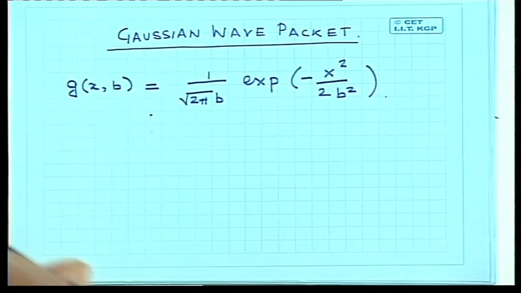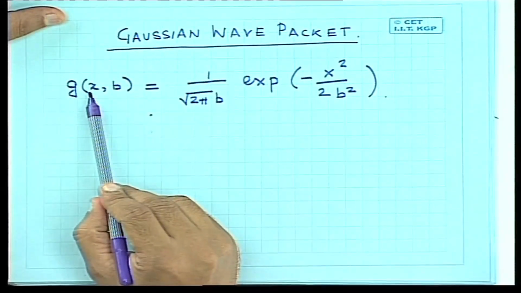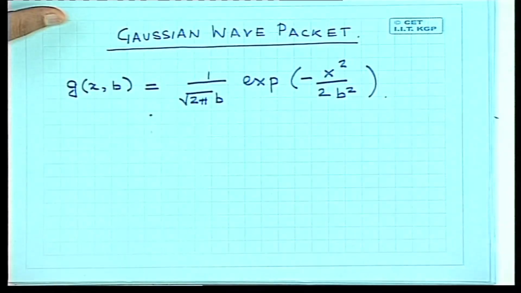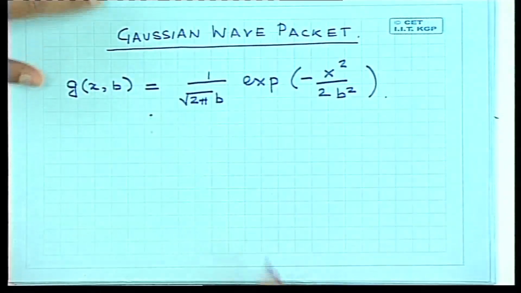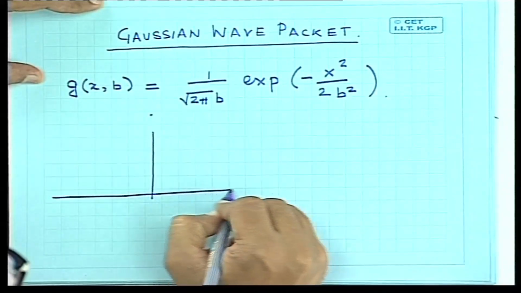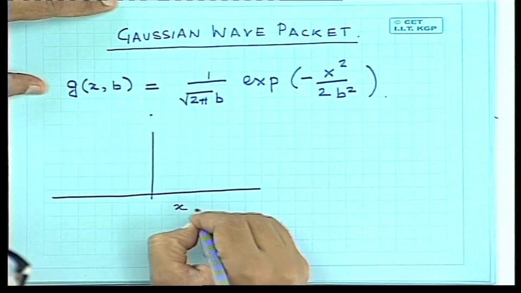So this is a Gaussian function. The Gaussian function has got two parameters. There is a variable x and there is a parameter b. What does the Gaussian look like? A Gaussian looks like this. For a fixed value of b, the Gaussian looks like this.